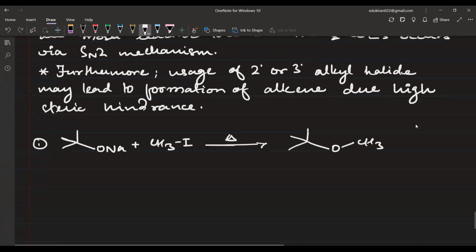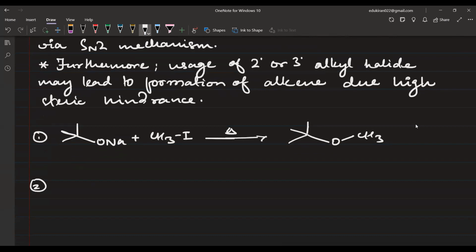The other thing that we can use is the tertiary Br plus CH3ONa, right?